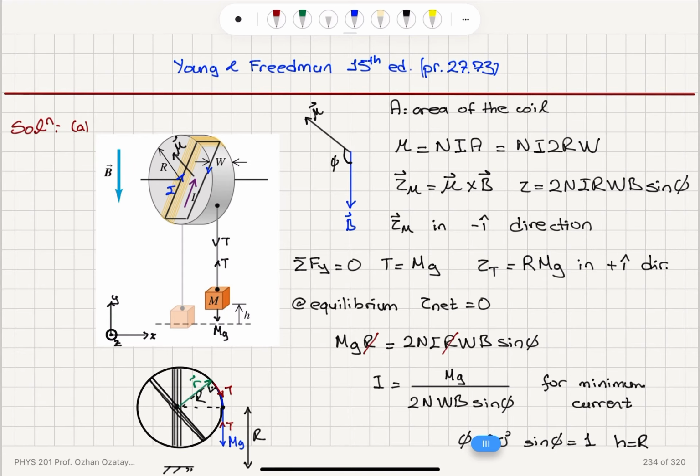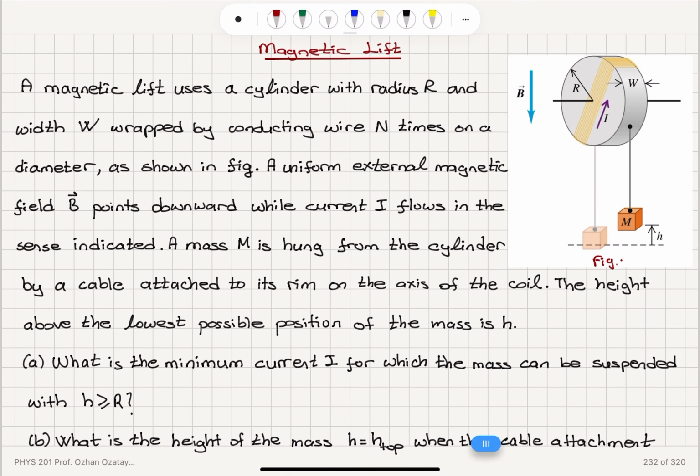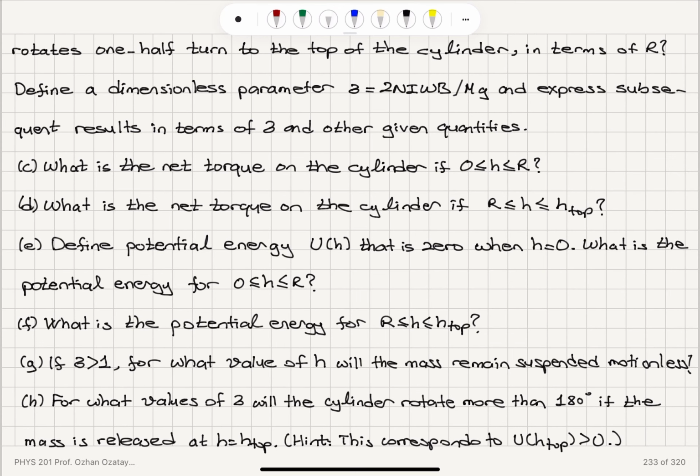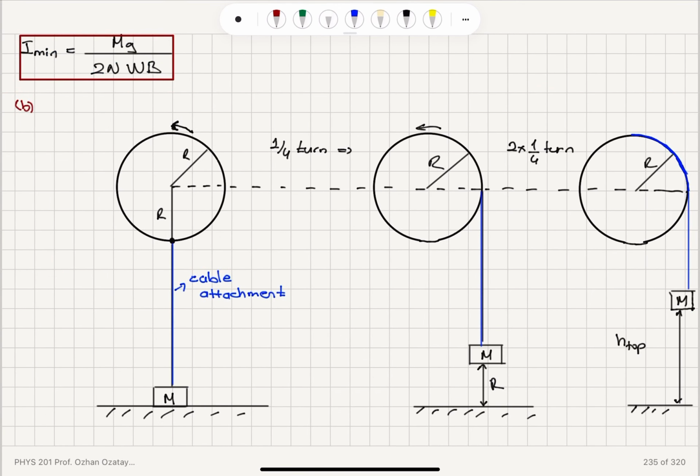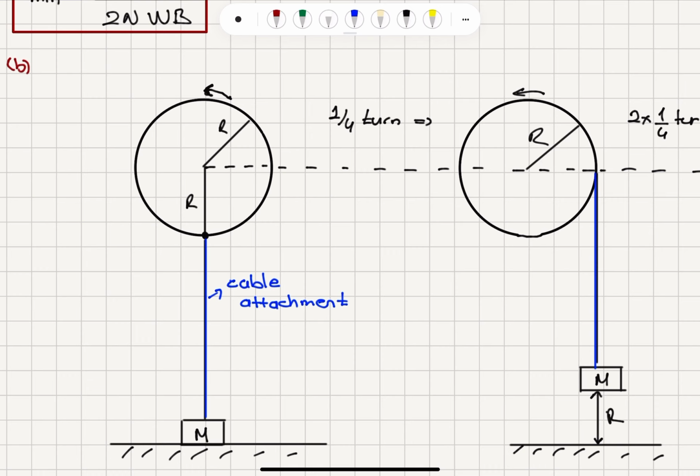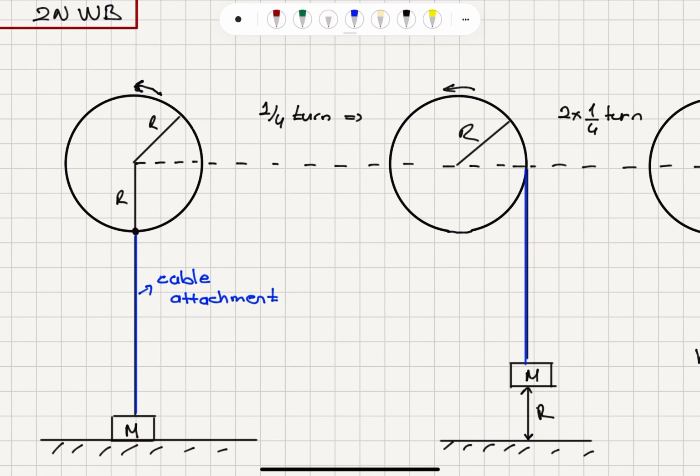Now part B asks me, what is the height of the mass h top when the cable attachment rotates 1/2 turn? So when the cable attachment starts turning, this is h is equal to 0 position. If I have quarter of a turn, this will go up, so h will be equal to r.